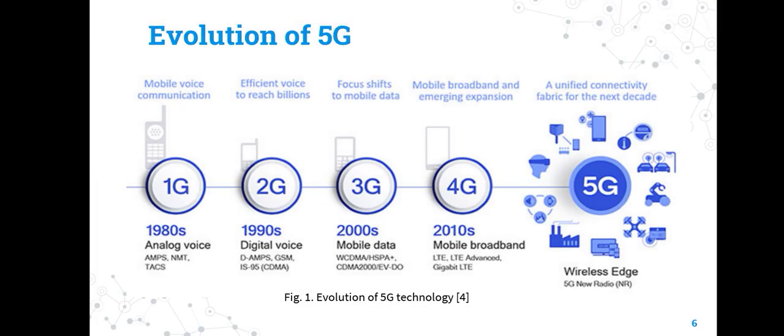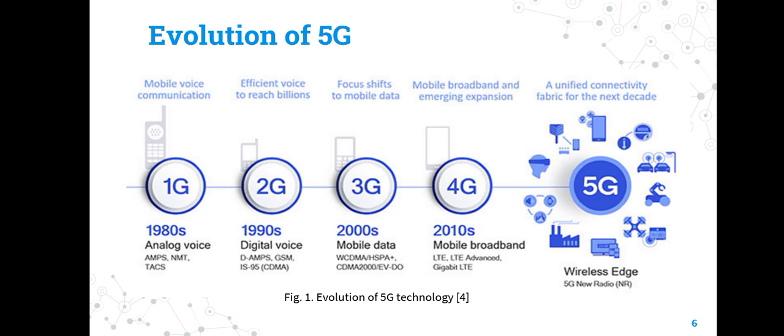And now this figure shows the evolution of 5G technology from 1G technology. We could see that each of the network generations is given, and at the bottom the respective protocols used in each of the generations are also given. We can see that 1G technology was formed almost by the 1980s, and it focused on analog voice only.